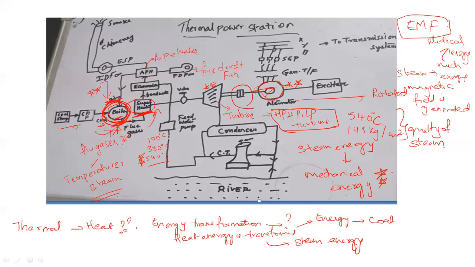A current carrying conductor placed in a rotating magnetic field will generate EMF, electromotive force, that is the voltage generated in the generator. The voltage generated will be 15 kV, and this is further stepped up with the help of the transformer called the generator transformer.